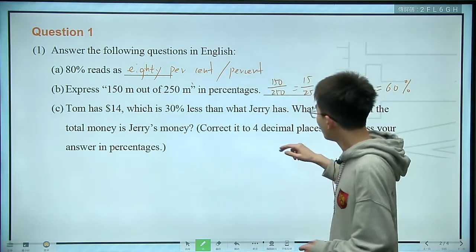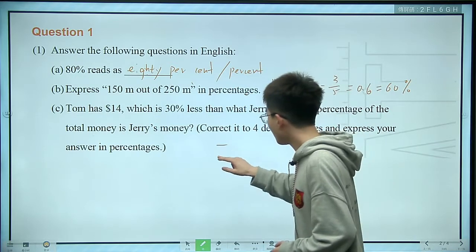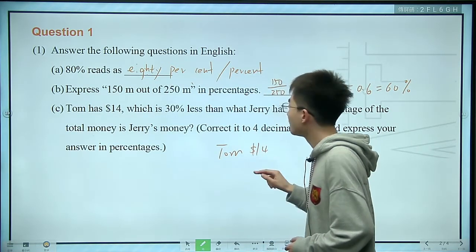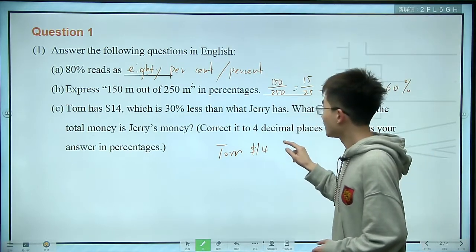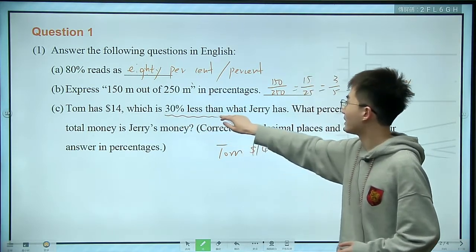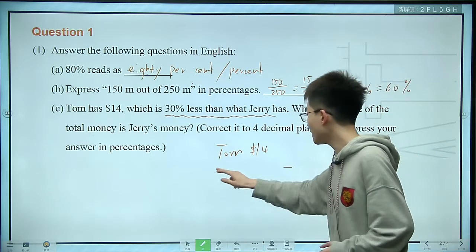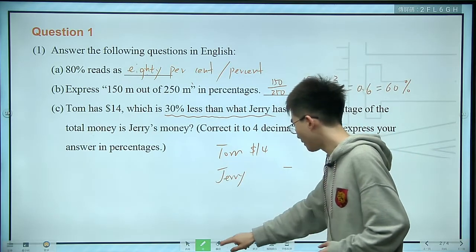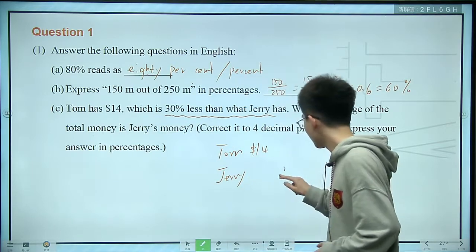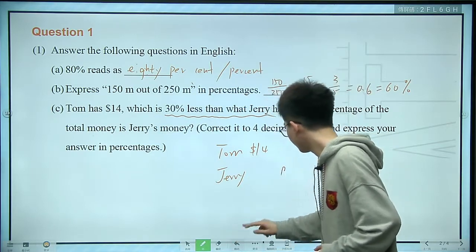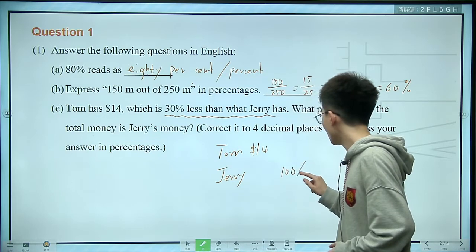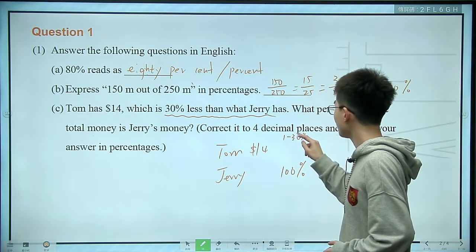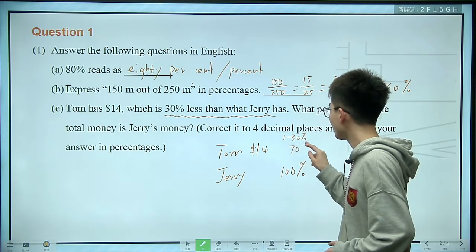Because Tom has $14 and it is 30% less than what Jerry has, if we take Jerry's money as 100%, then Tom's money will be 1 minus 30%, which equals 70%.